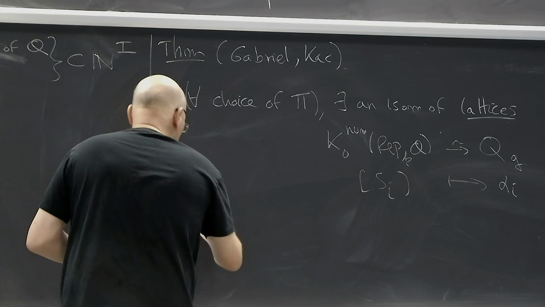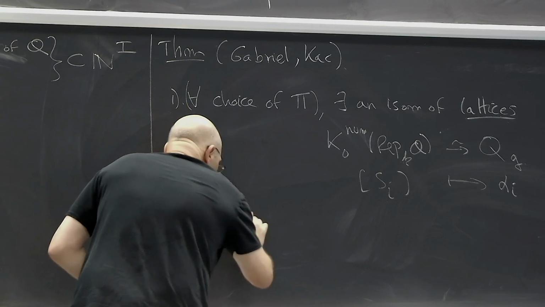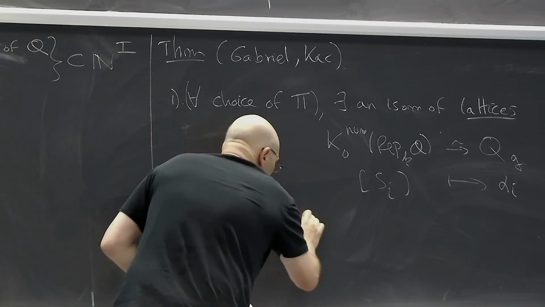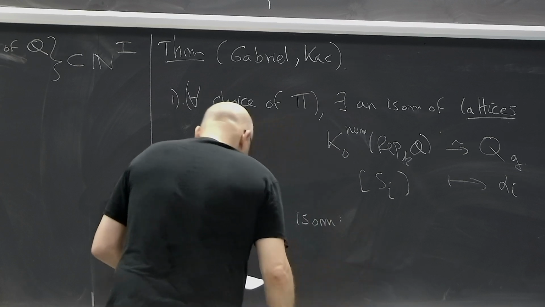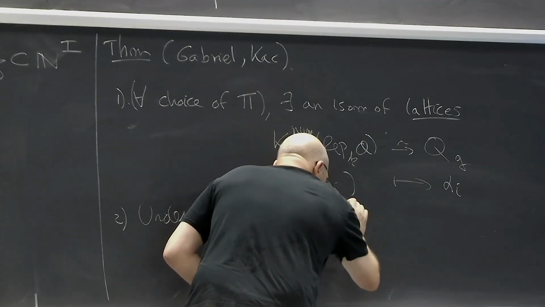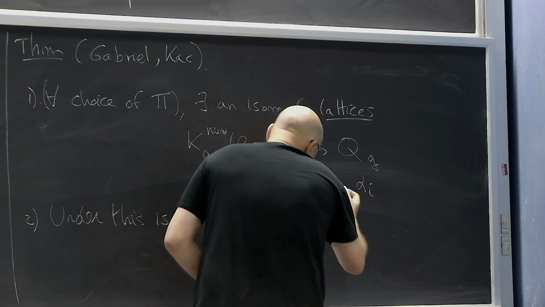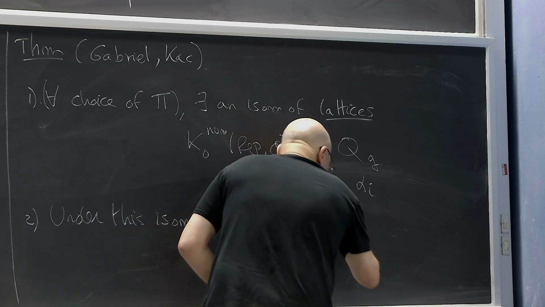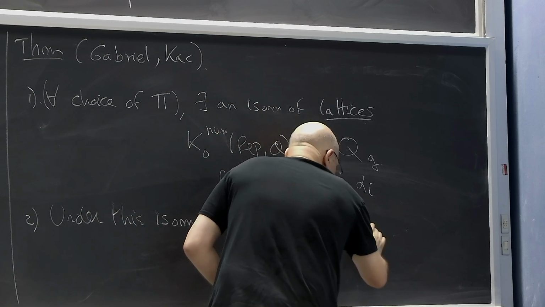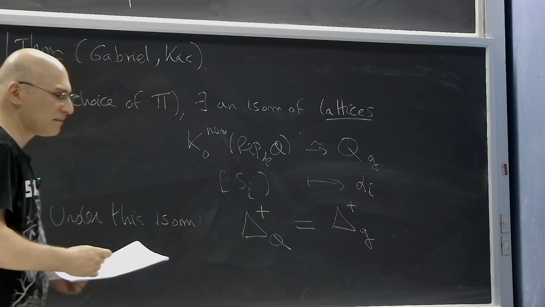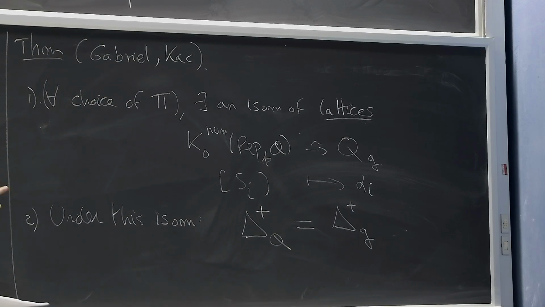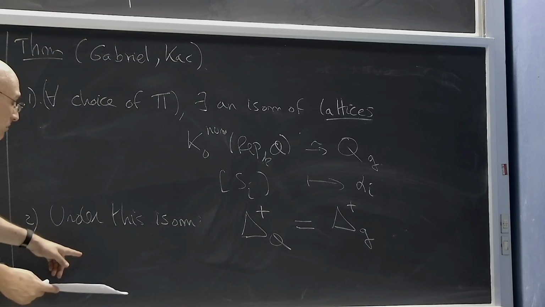Second, more important, so under this isomorphism, we have delta plus of the quiver is mapped isomorphically to delta plus of the Lie algebra. And that's already much less obvious.